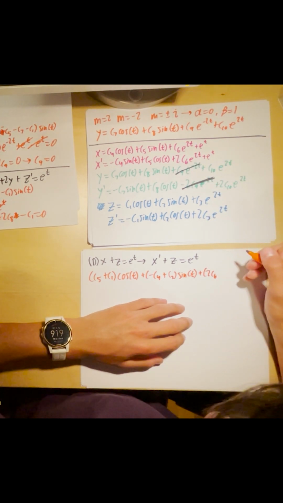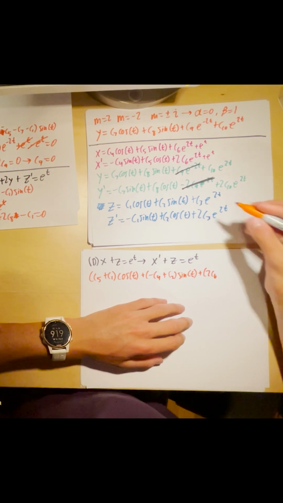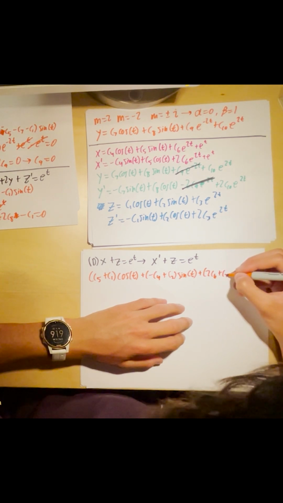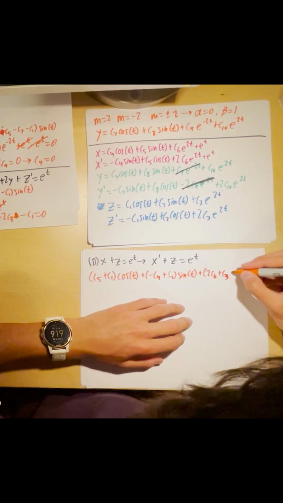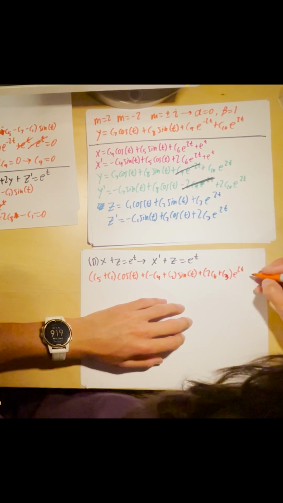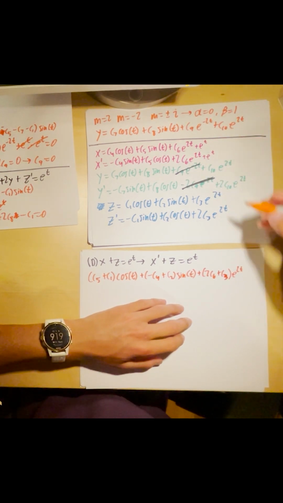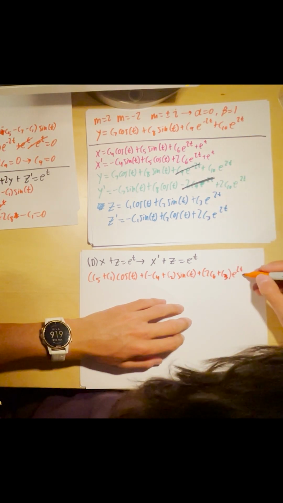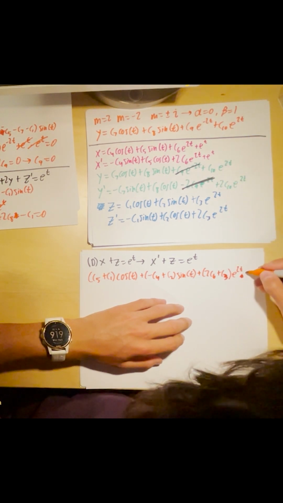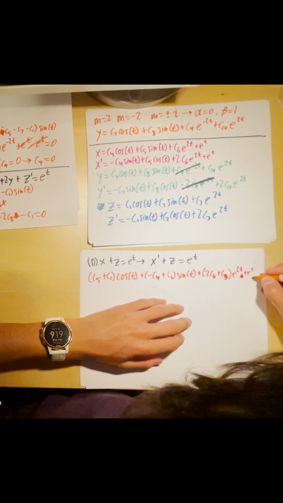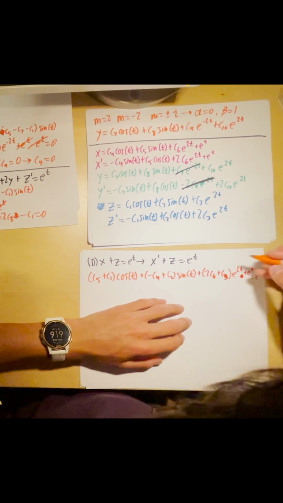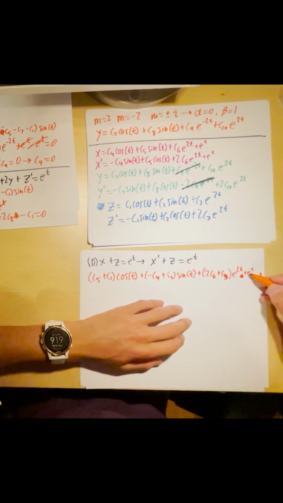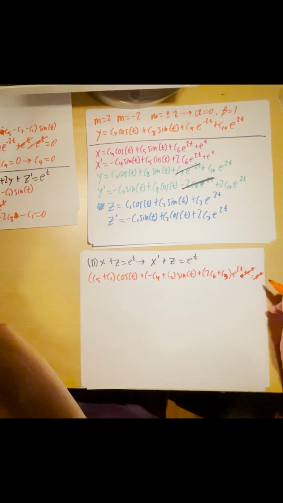And for that z, it is c3. And we do have a plus e to the t on the x prime right there, and then this whole thing equals e to the t, so notice these cross out, which is nice.